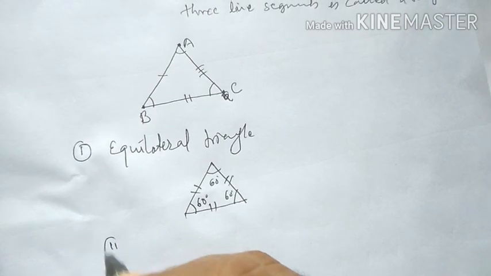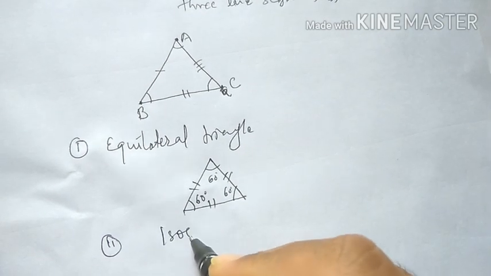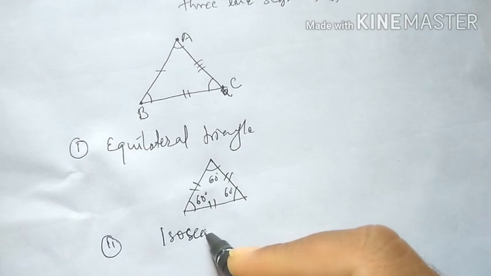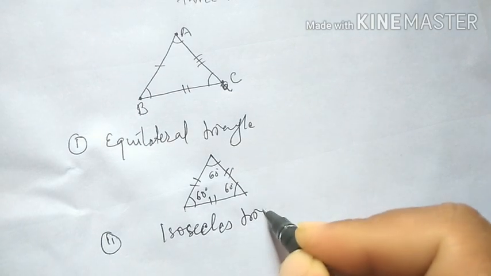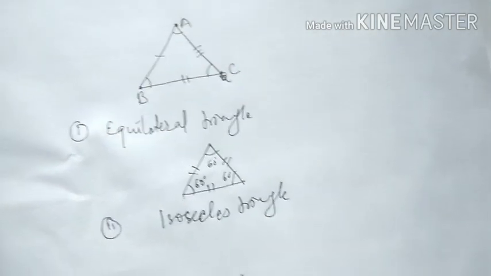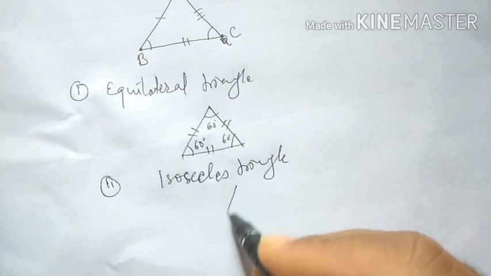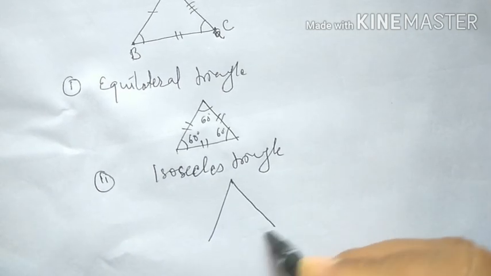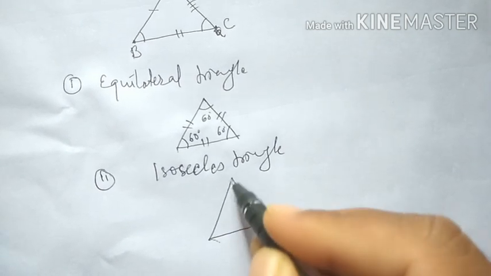And second, the isosceles triangle. What is an isosceles triangle? A triangle whose any two sides are equal in length is called an isosceles triangle.